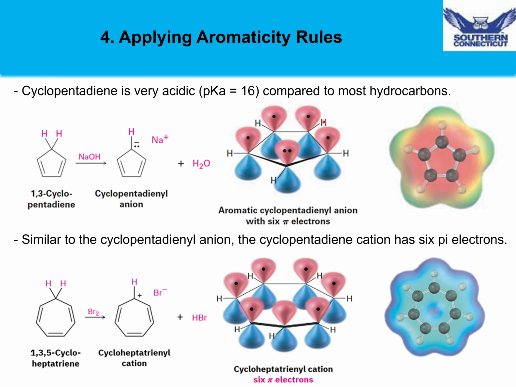That allows an uninterrupted pi cloud, and then there are a total of 6 pi electrons within that pi cloud. The hydrogen shown on this carbon with the lone pair is going to be in the same plane as the ring and out of the way of the pi cloud.